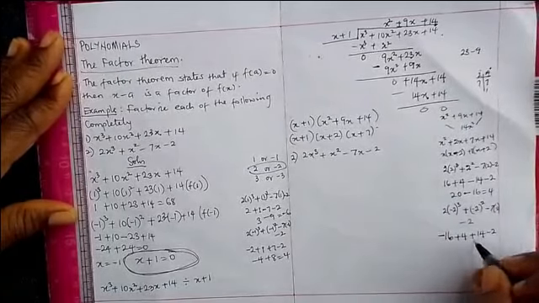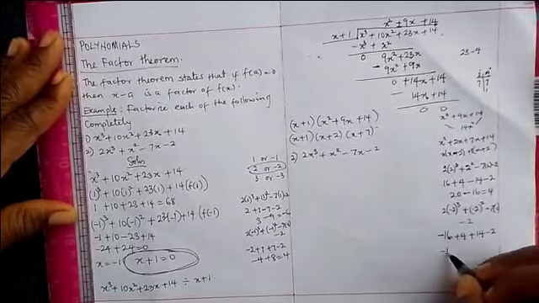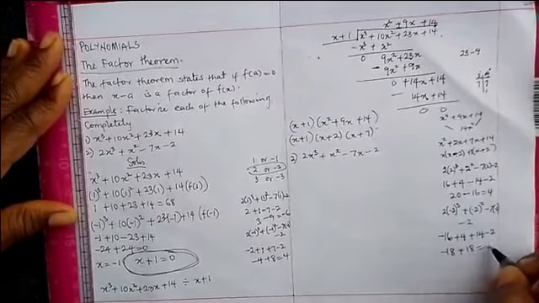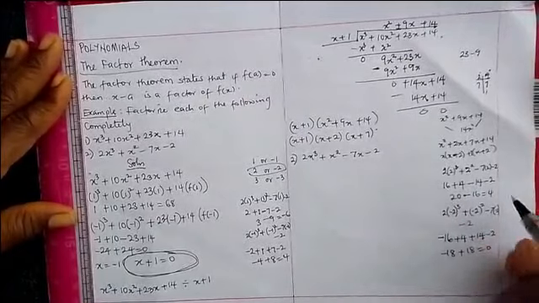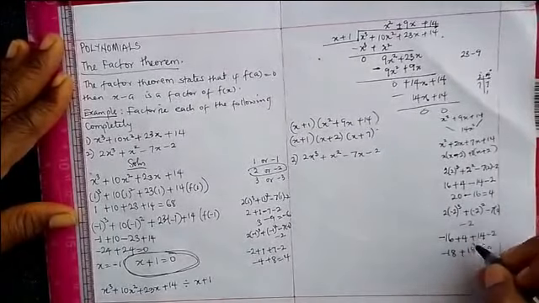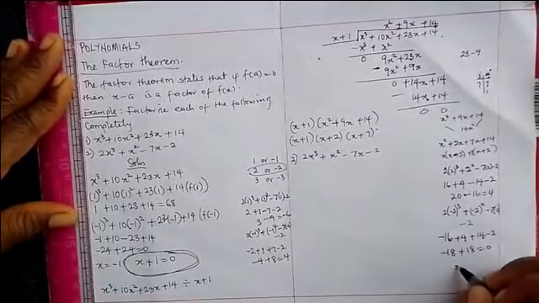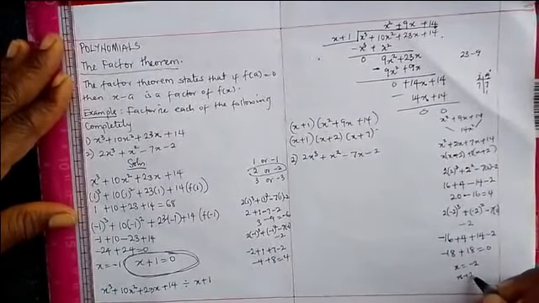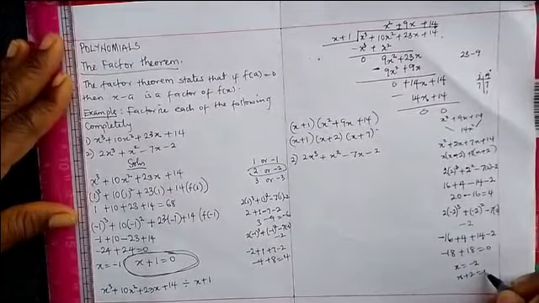Minus 16 minus 2 is minus 18. 14 plus 4 is plus 18, so what we'll have here is 0. So it gives us that x is equal to minus 2, which is x plus 2 is equal to 0.